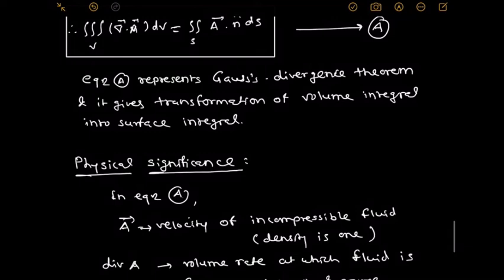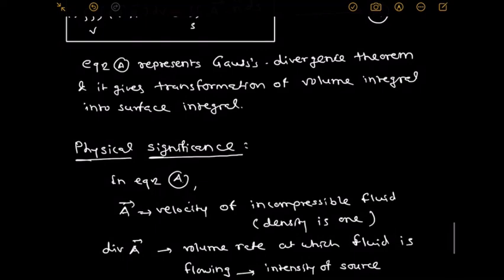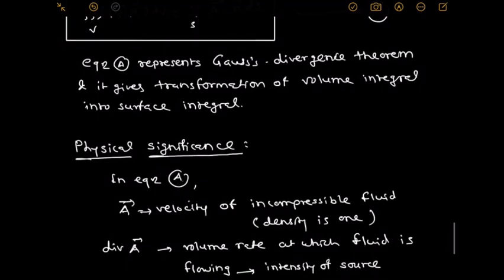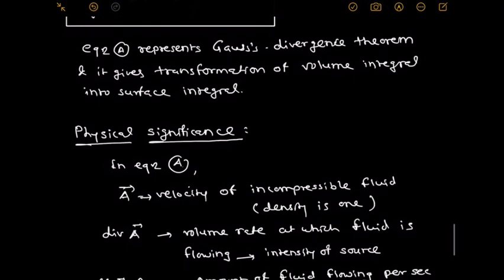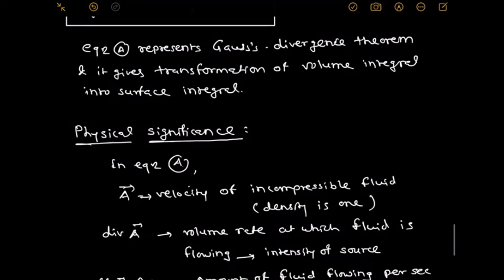And what does the divergence of the vector point function represent? The divergence of vector A represents the volume rate at which the fluid is flowing, which gives the intensity of the source. Hence the divergence of the vector point function is a source, which changes the volume rate at which the fluid is flowing.